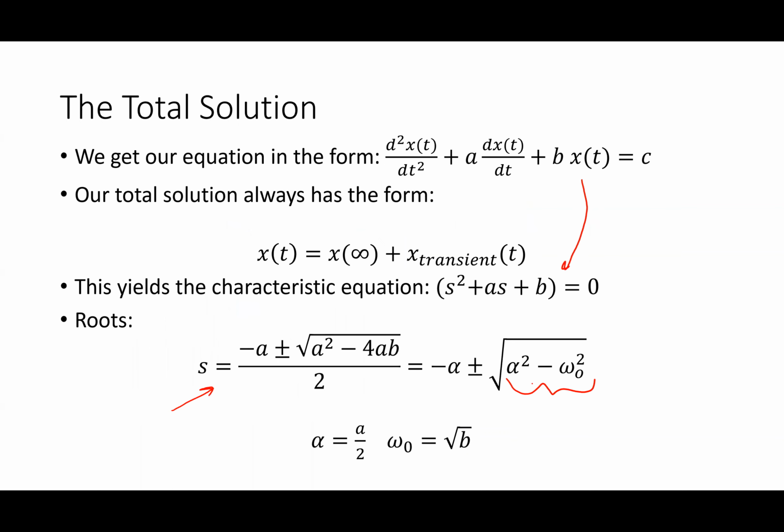In the term that I have right here, the radical is going to go away, right? And my roots, what did I call those roots last time? They're both negative alpha, but what are they in this case? I don't know if I said it directly, but they're repeated. They're not unique, but they're real. They're real and the same.